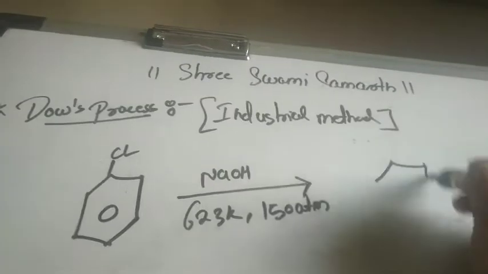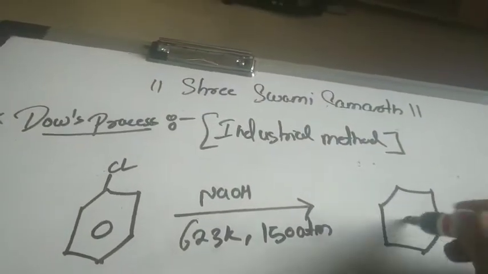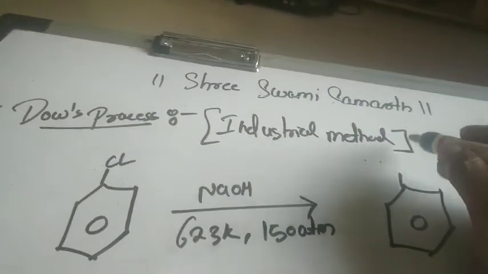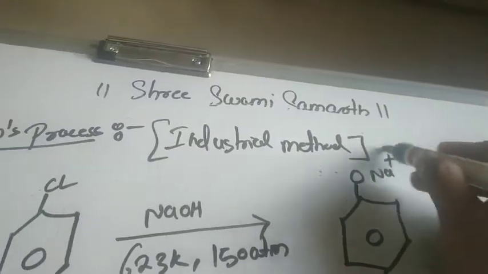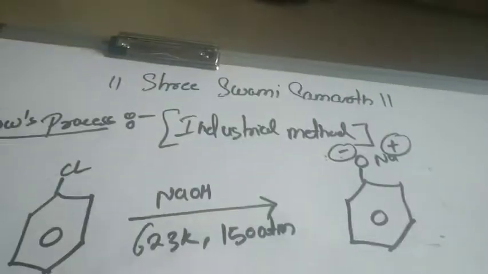It will first get converted into sodium phenoxide. सोडियम फिनॉक्साइड, जिसके Na के ऊपर प्लस चार्ज होगा, ऑक्सीजन के ऊपर नेगेटिव चार्ज होगा.